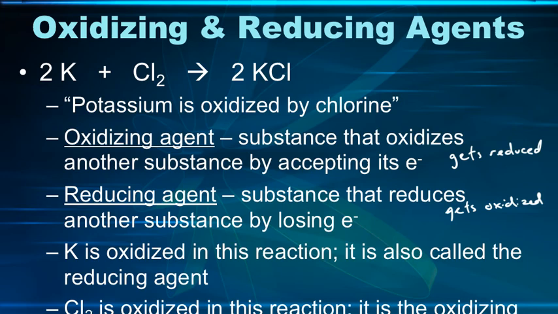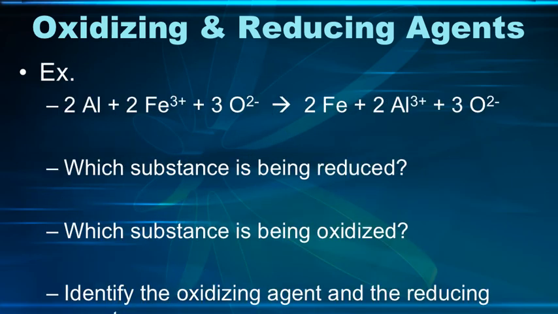It will also be the reducing agent. This elemental potassium is called the reducing agent. So it gets oxidized, and it's also called the reducing agent. The Cl2, this should say is reduced, so cross that off. It is reduced in this reaction. It goes from 0 to -1. It's the same one as on the previous slide. It is the oxidizing agent.